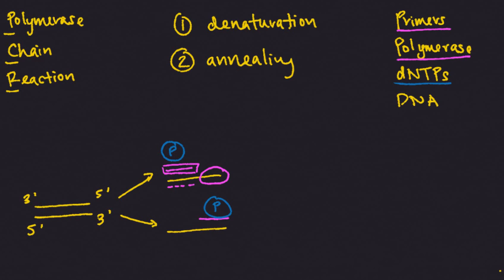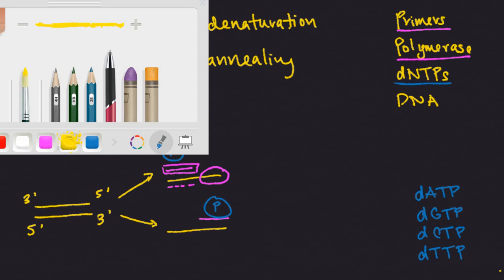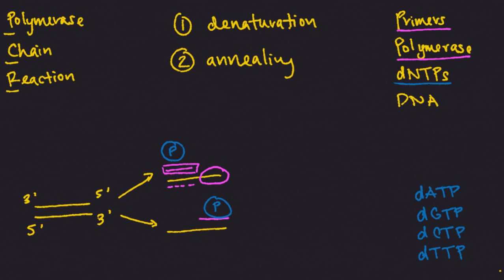And so what dNTPs are is a mixture of dATP, dGTP, dCTP, and dTTP. If you've studied DNA to any depth, then you understand that there are 4 nitrogenous bases, and they're right here.